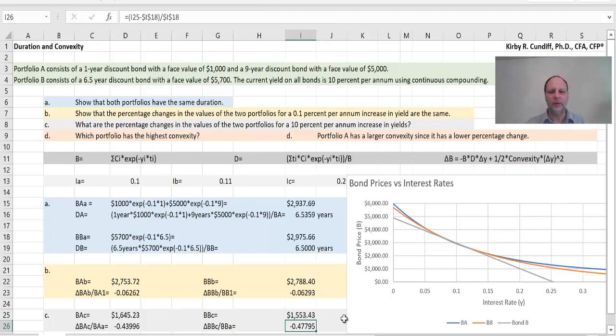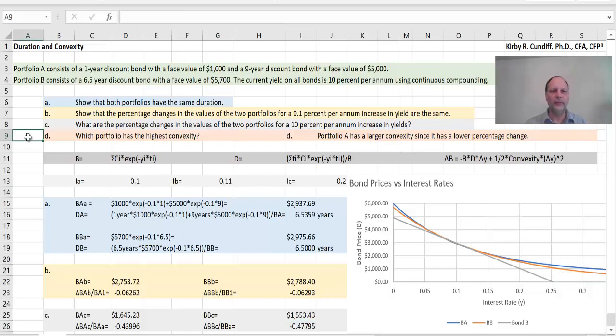So if we want the decrease in the value of portfolio B, we will take I-25, our final value here, 1,553.43, minus our initial value of I-18, which is here, of 2,975.66, divided by our initial value of I-18, and we get a 48% decrease in value. So we can see as interest rates go up, bond prices go down, and the value of bond B has gone down more than A. As you can see right here in red, B is below A.